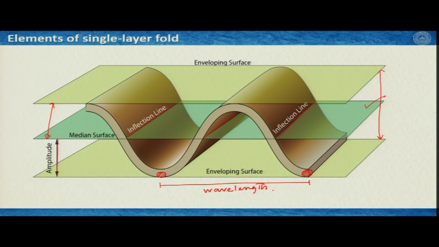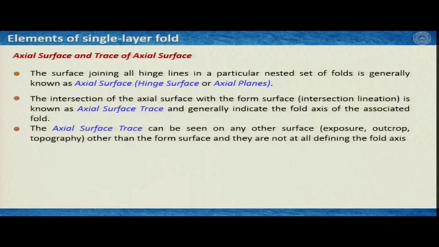Now, these planes are imaginary planes, but there is another plane that is considered imaginary, along which we form a very typical structure, and this is known as axial surface. We will also learn at the same time the trace of the axial surface.